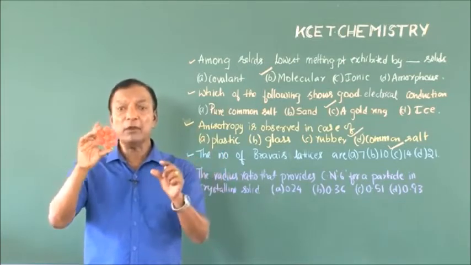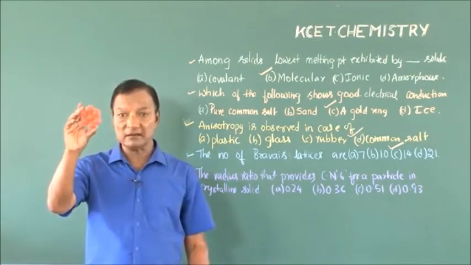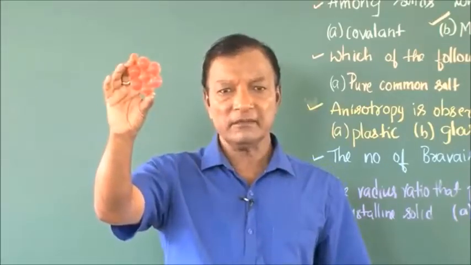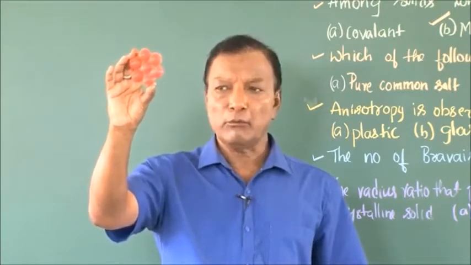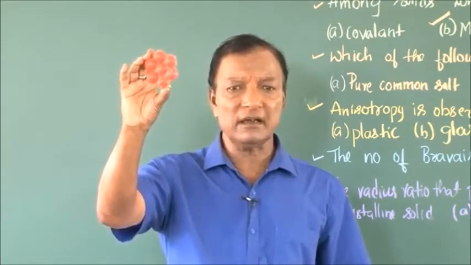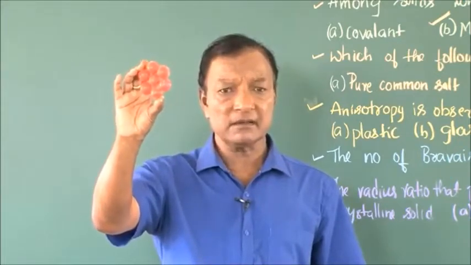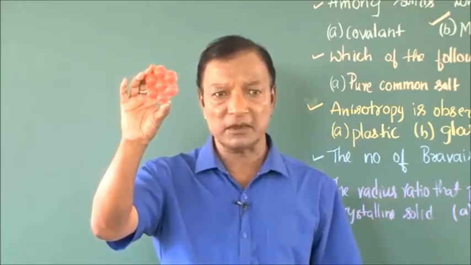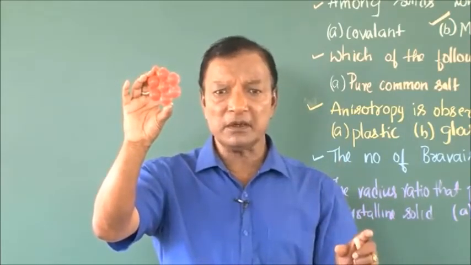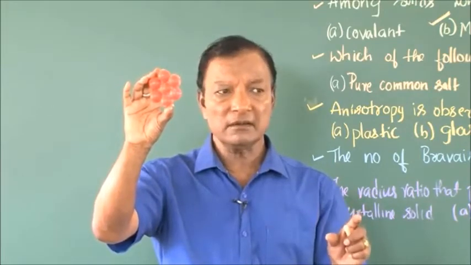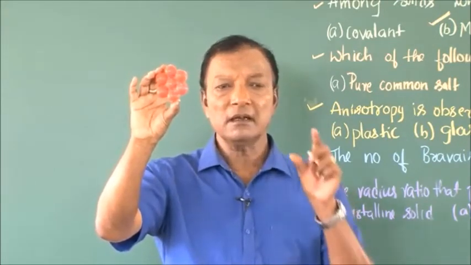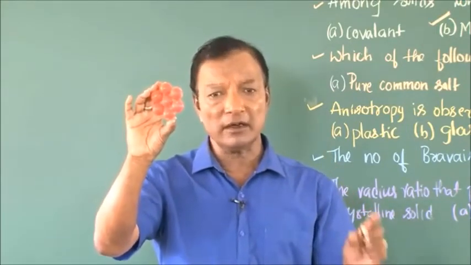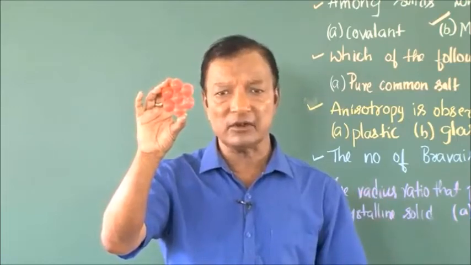In that, if we pick up one particular layer, the layer which we place horizontally can appear this way, and there we are. One particular particle at the center has the nearest neighbors 6 in number, and this 6 becomes the coordination number. And about the coordination number, remember one thing: it carries different considerations in coordination compounds and in crystalline solids.